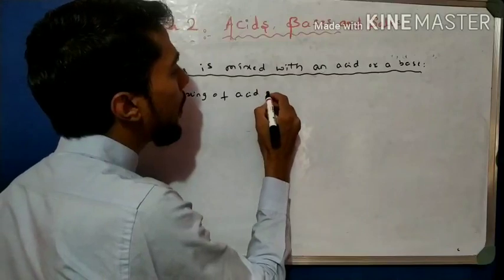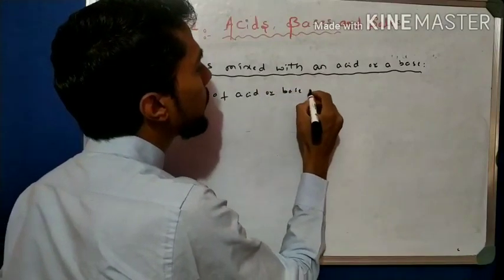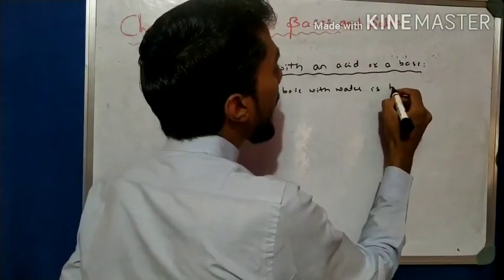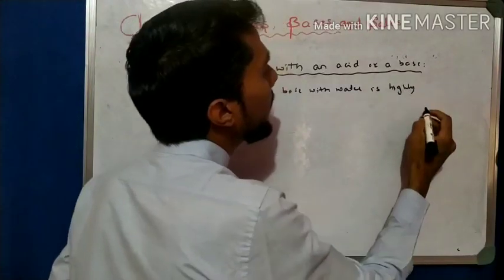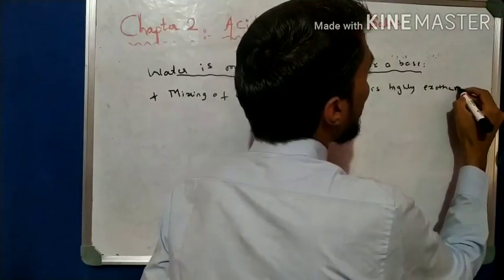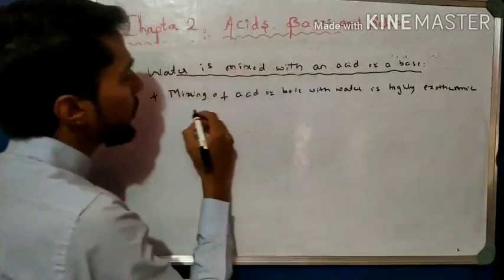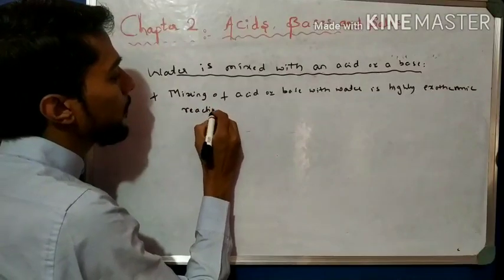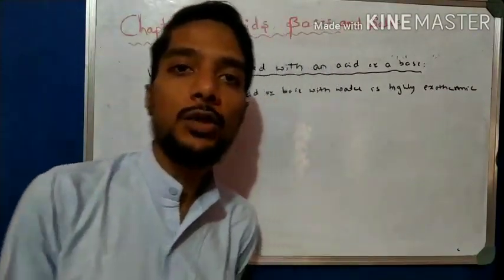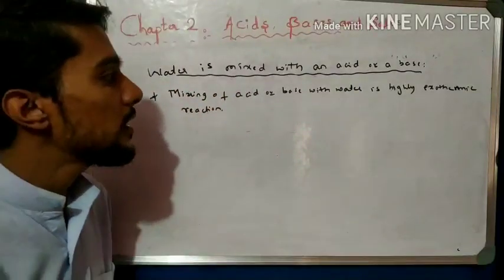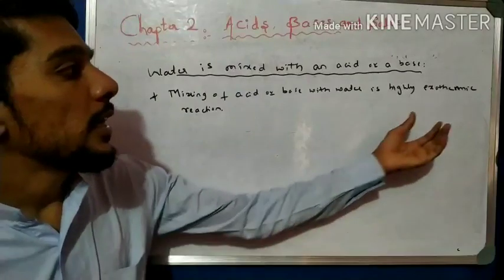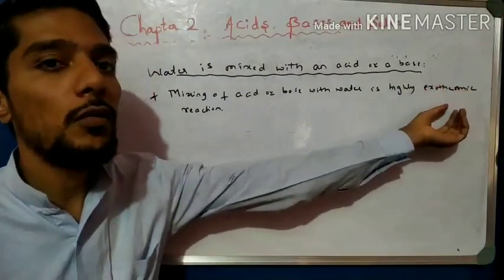acid or base with water is a highly exothermic reaction. It means a large amount of heat is liberated. Exothermic means liberation of heat. When we mix acid or base with water, we observe a huge increase in heat.